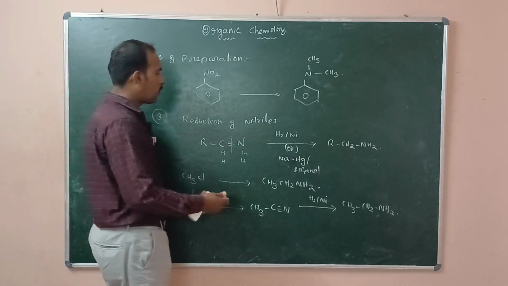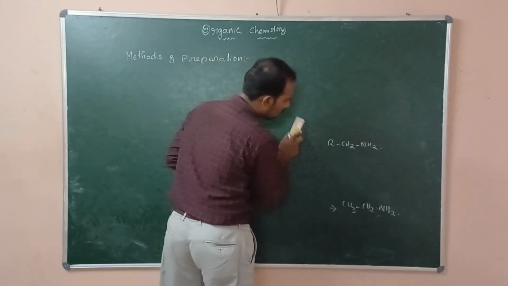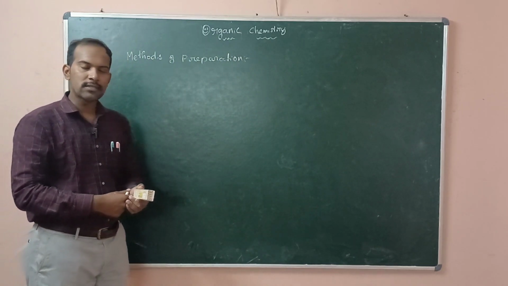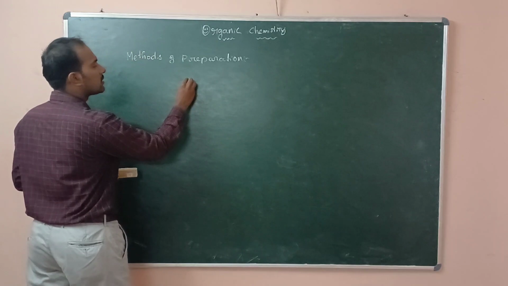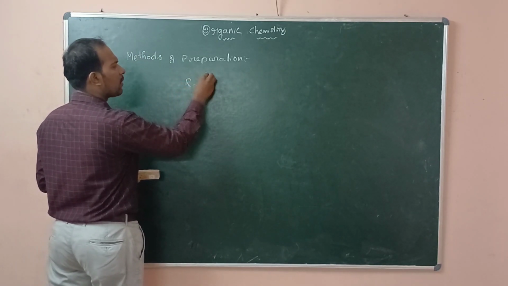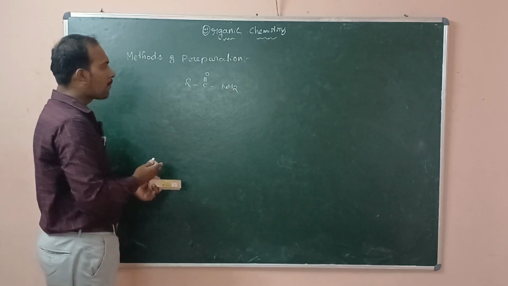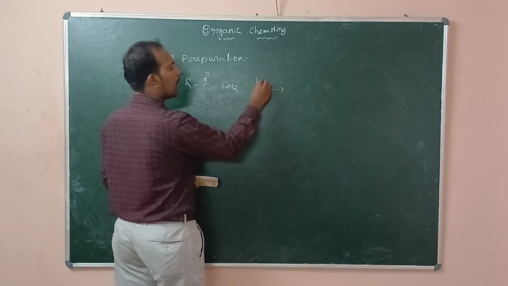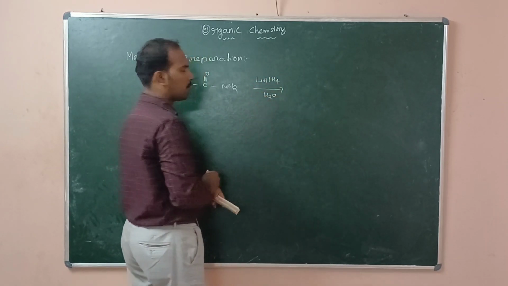And now one more, the fourth method of preparation is from amides. What are amides? Which means R C double bond O NH2. So these amides can be converted to amines, for which we can use LiAlH4 in the presence of H2O.